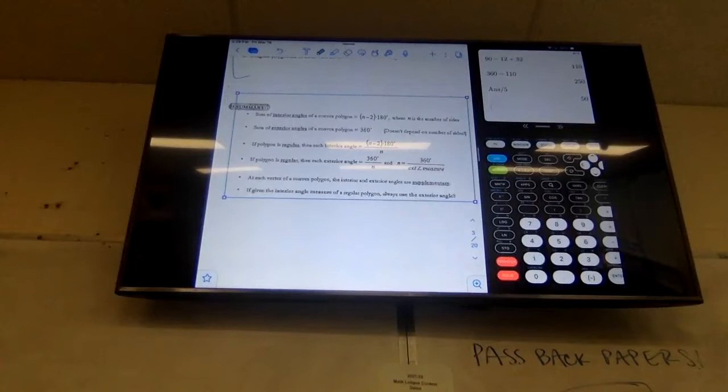I've got my sum of my interior angles is n minus 2 times 180. I've got my sum of my exterior angles is going to be 360 always. It doesn't matter the number of sides or anything else.